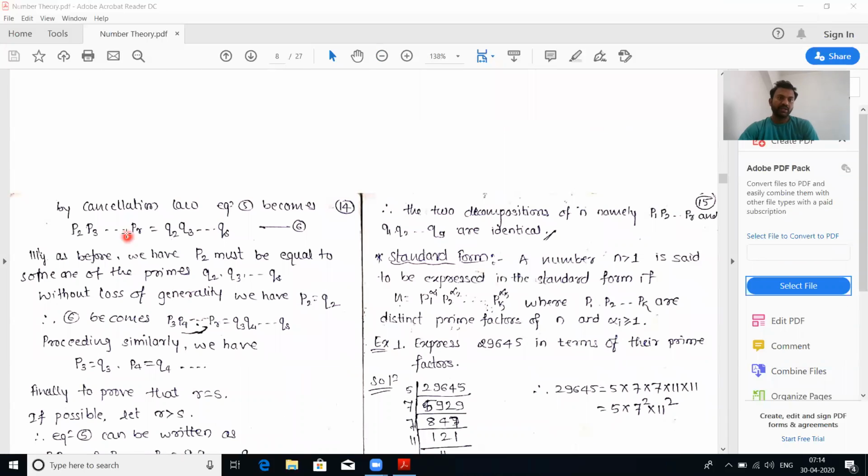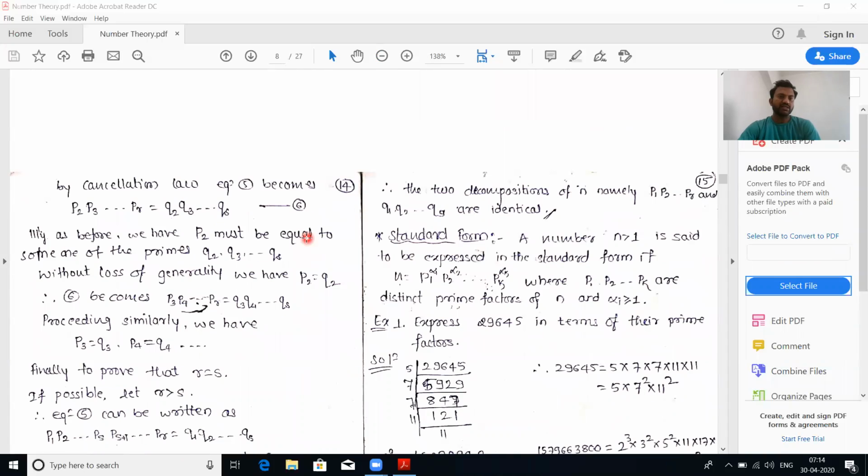Next, apply the cancellation law to equation 5. Both sides P1 and Q1 get canceled because those are equal. So we got P2, P3, and so on up to Pr equal to Q2, Q3, and so on up to Qs. That is equation 6.